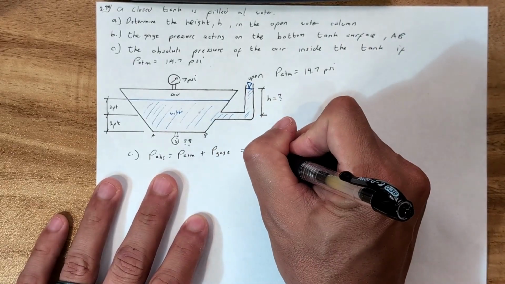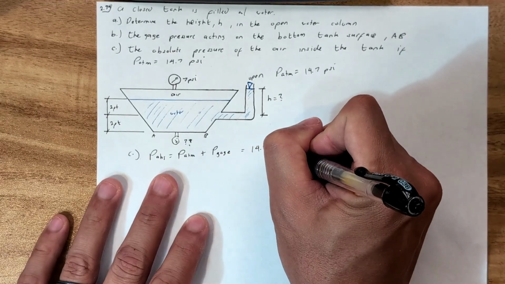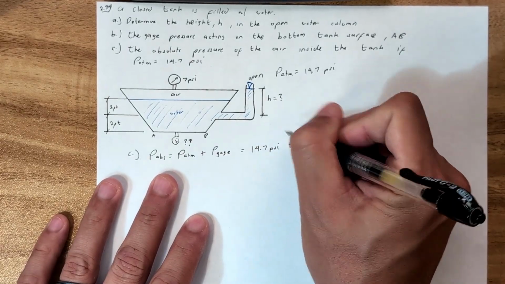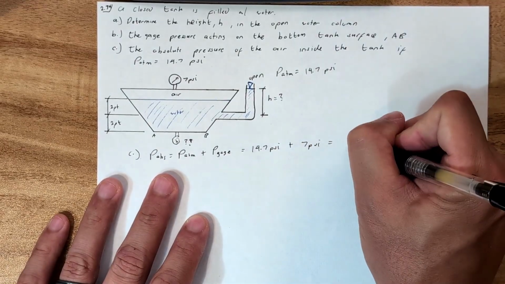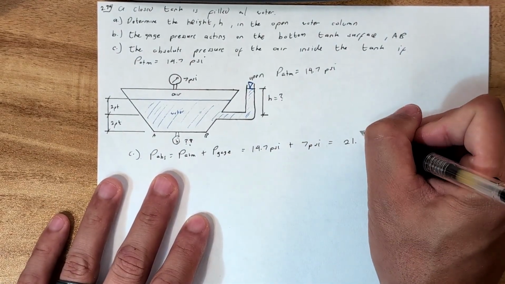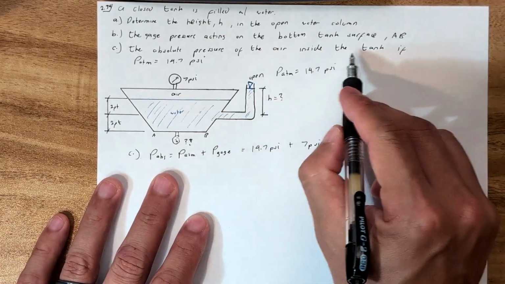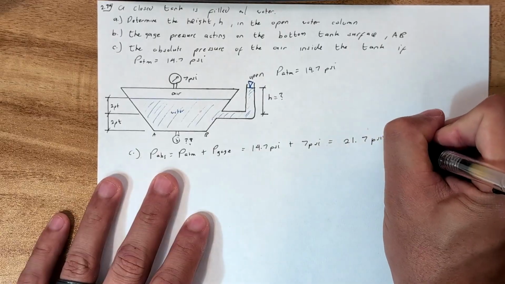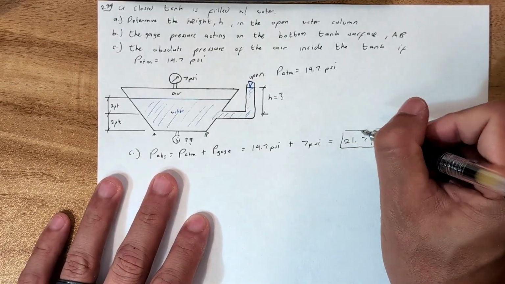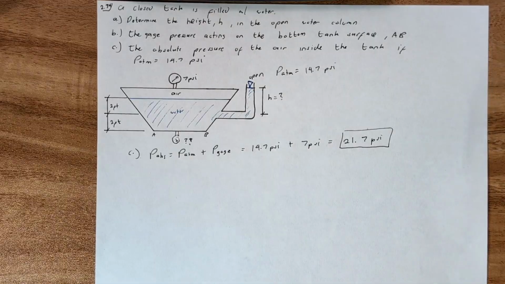P atm is 14.7 psi, and the gauge pressure is 7 psi. Therefore, the absolute pressure of the air inside the tank is 21.7 psi. So we'll get letter C out of the way.